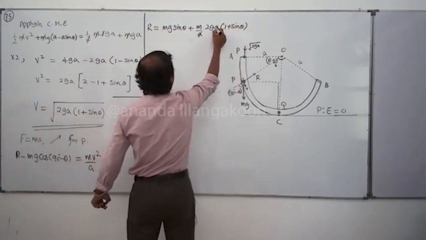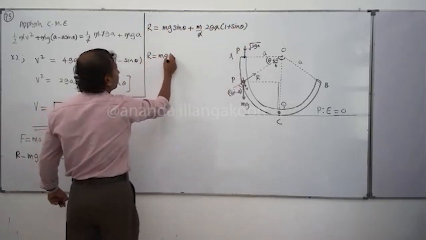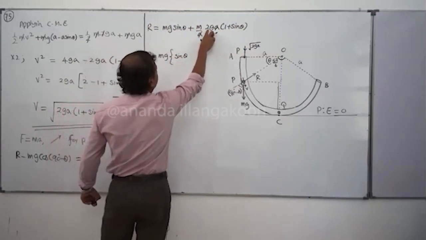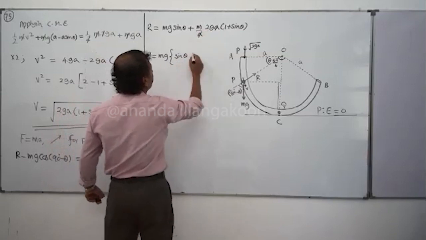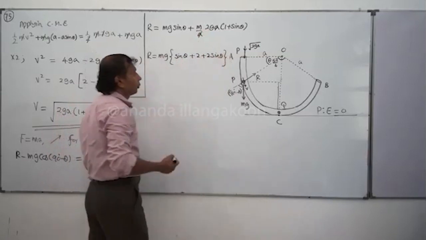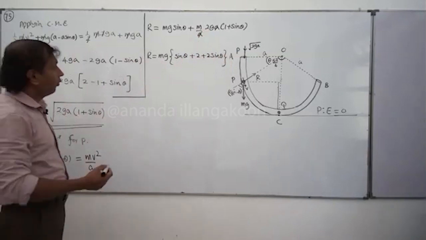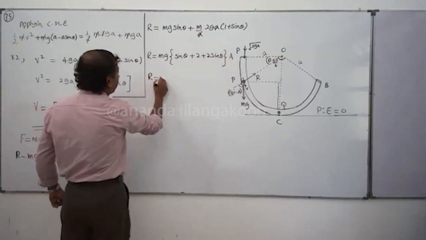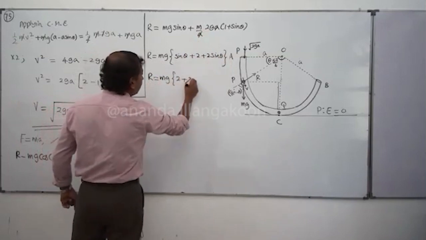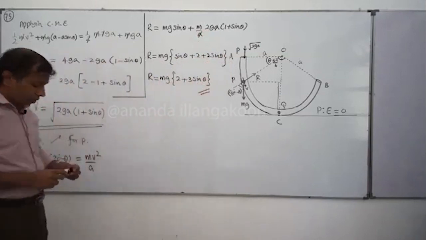A and a cancel. Take mg out: we have sine theta, and another 2, so 2 plus 2 sine theta. R equals mg(2 plus 2 sine theta plus sine theta), which is mg(2 plus 3 sine theta).